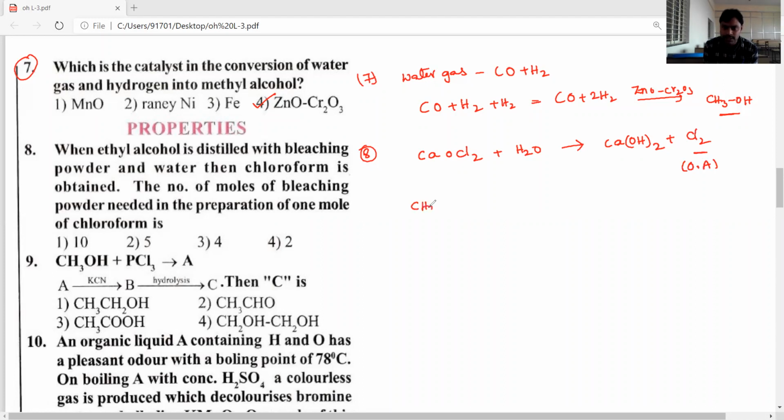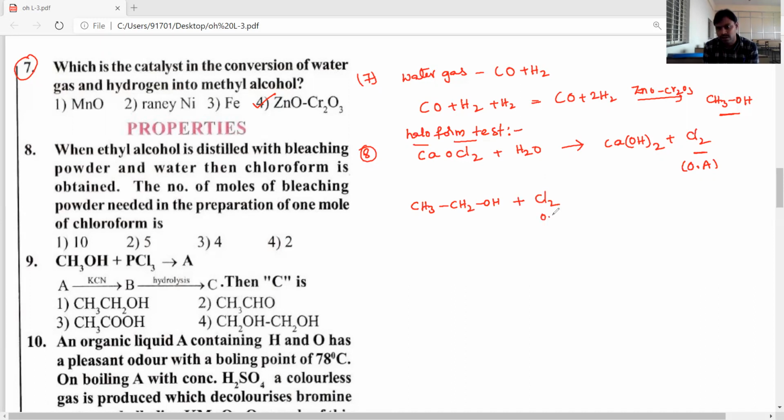First, it reacts with ethyl alcohol. What is this reaction, dear students? Haloform test. Okay, already we know the haloform test. Among alcohols, only ethyl alcohol in primary alcohols, and terminal secondary alcohols give a positive haloform test. It reacts with chlorine.